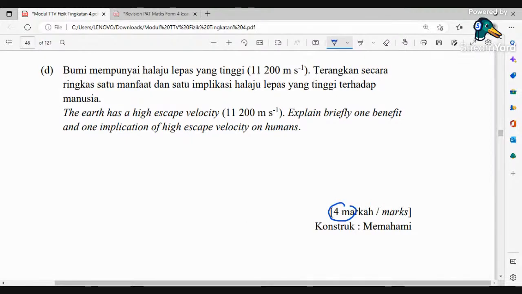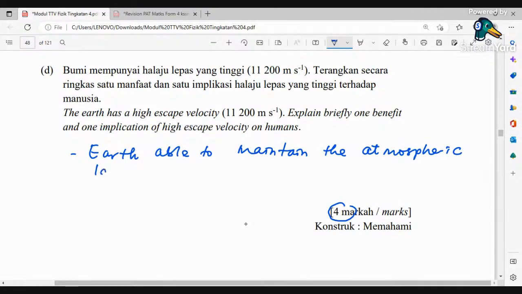4 marks. Okay. What is the advantage? Earth maintain the atmosphere, because the oxygen or the air molecule not able to escape easily due to high escape velocity.